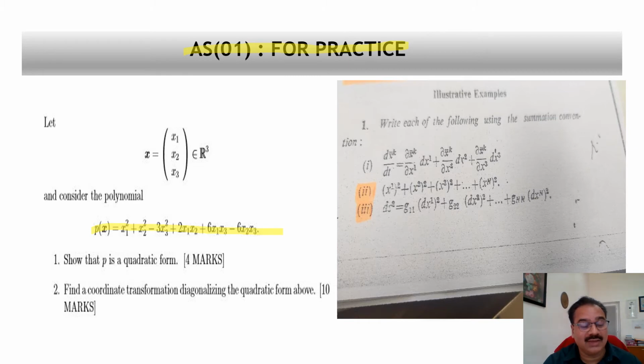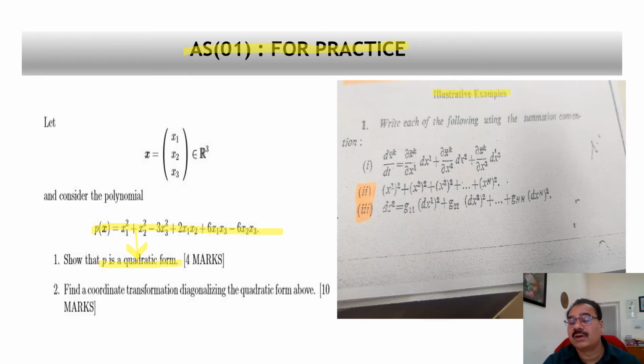Then show that P is a quadratic form. You have to prove it mathematically. And the second question is to find a coordinate transformation diagonalizing the quadratic form above. So these are the two problems.